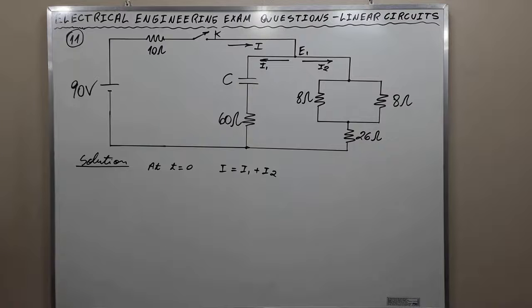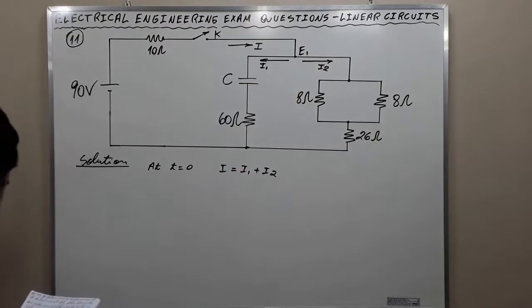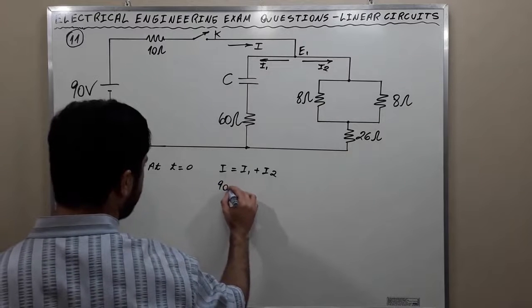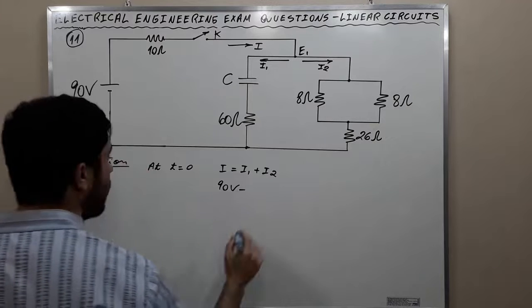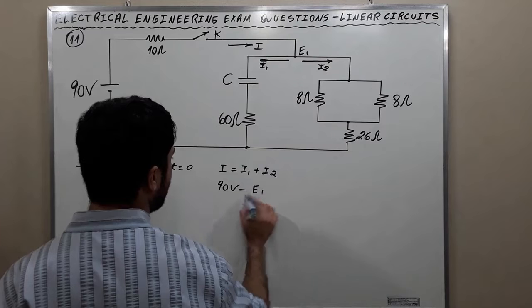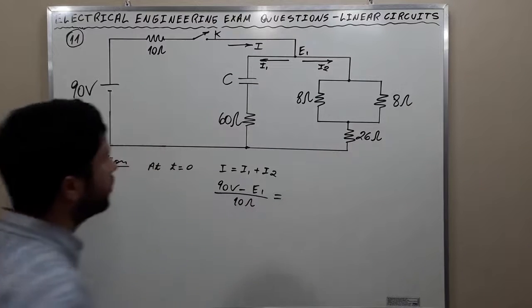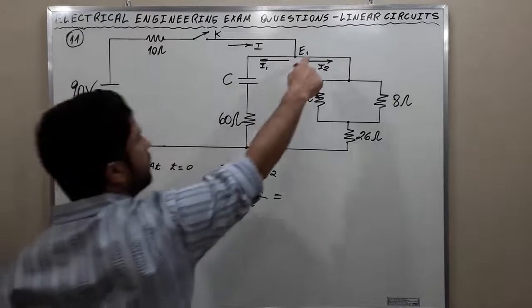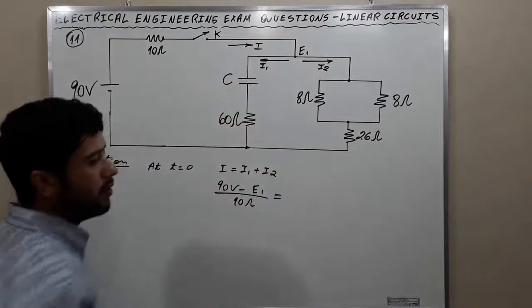Alright? Applying the nodal rule at node E1, we obtain 90 volts minus E1 over 10 ohms, okay? This voltage here minus this voltage here divided by this resistance is this current here.